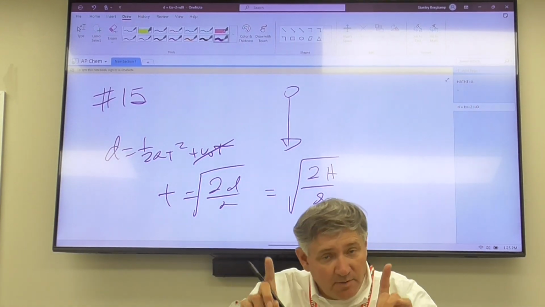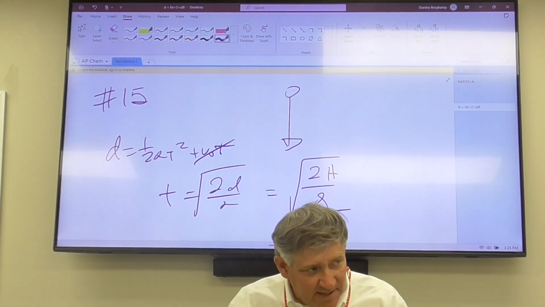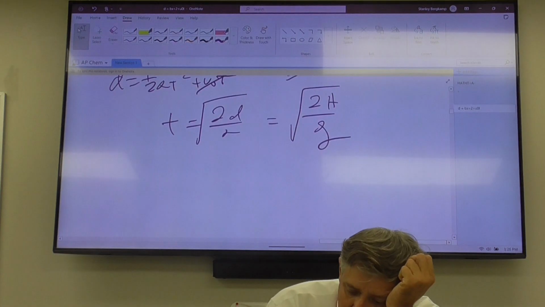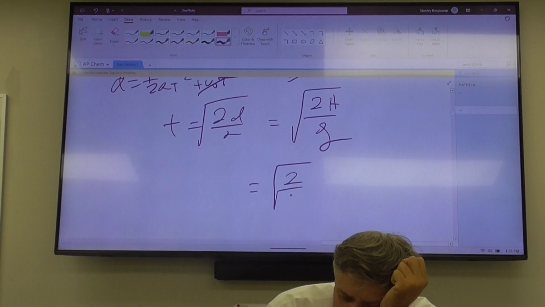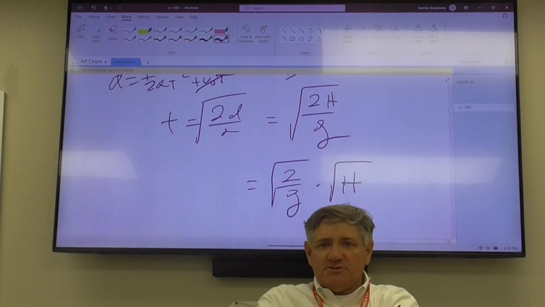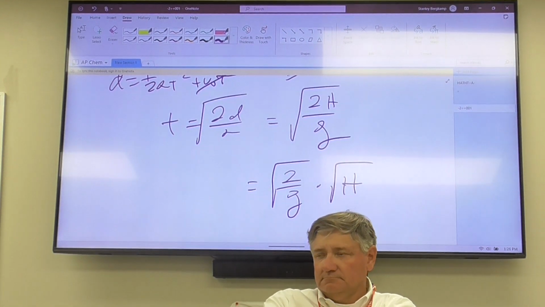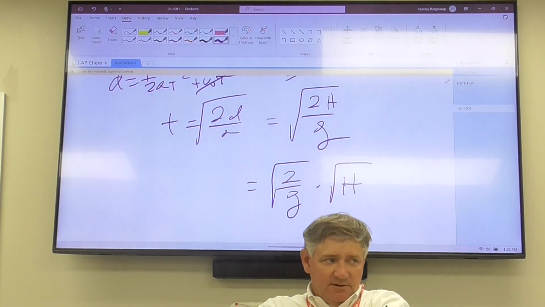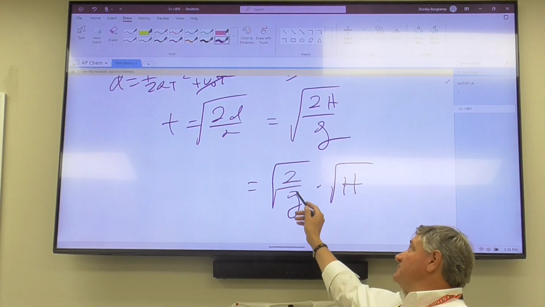Now here's where a little bit of algebraic sleight of hand occurs. Could I write this as the square root of 2 over g times the square root of h? Absolutely, I can do that. Now, do you know what the value of g is?